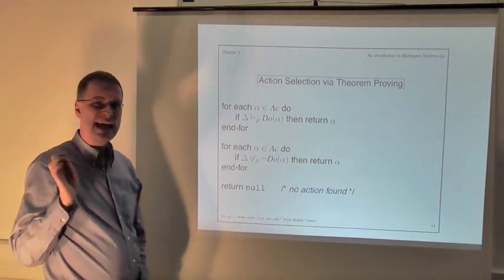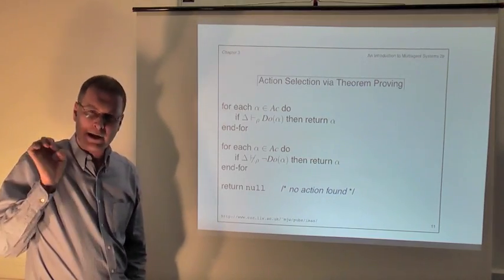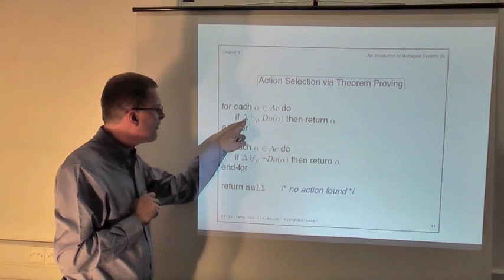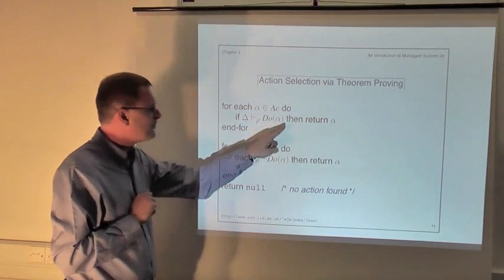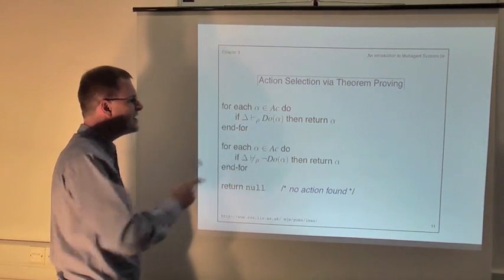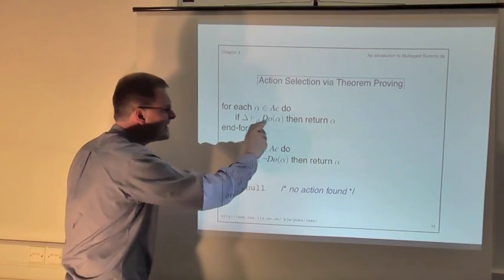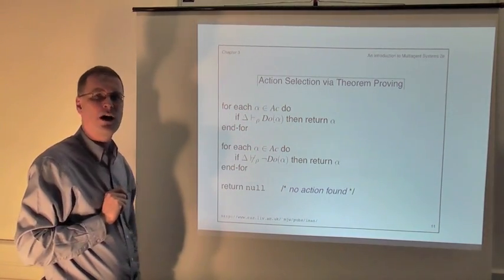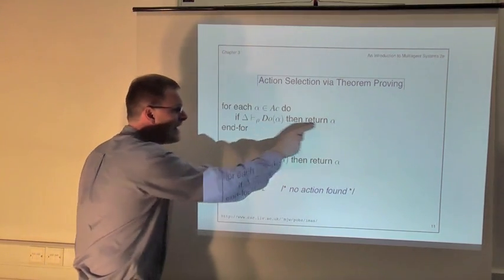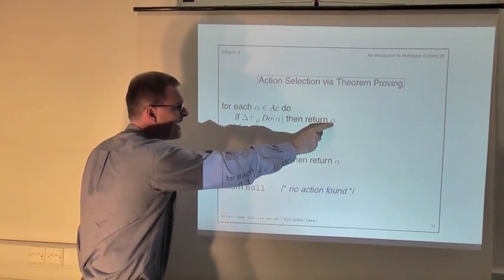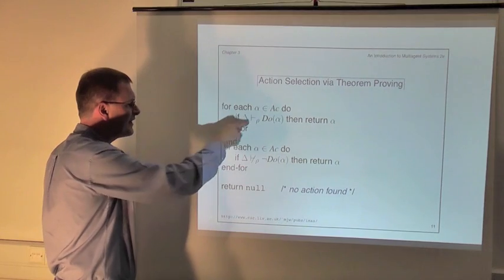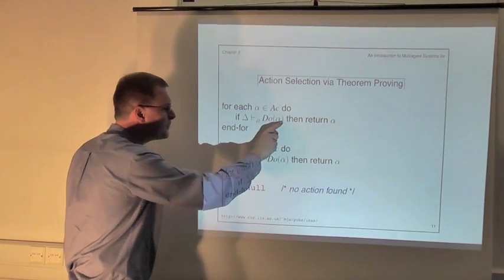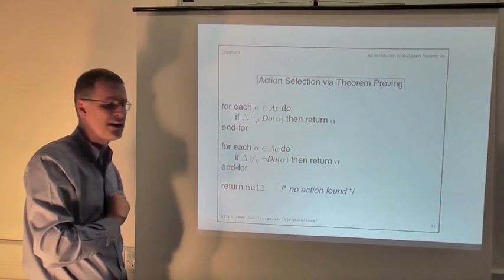And the idea is, if we can prove do alpha from our current beliefs using our theory of the optimal action, then alpha is the optimal action to perform. So for each possible action, we try to prove that that action is the optimal action to perform. And if it is, then we just say, right, we found the right action to perform, let's just do it. So we return that action. So we consider each action in turn and try and prove that that is the optimal action to perform.